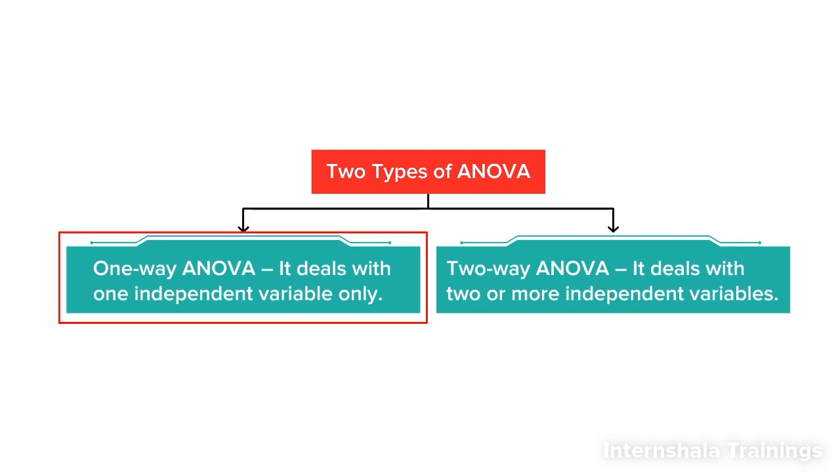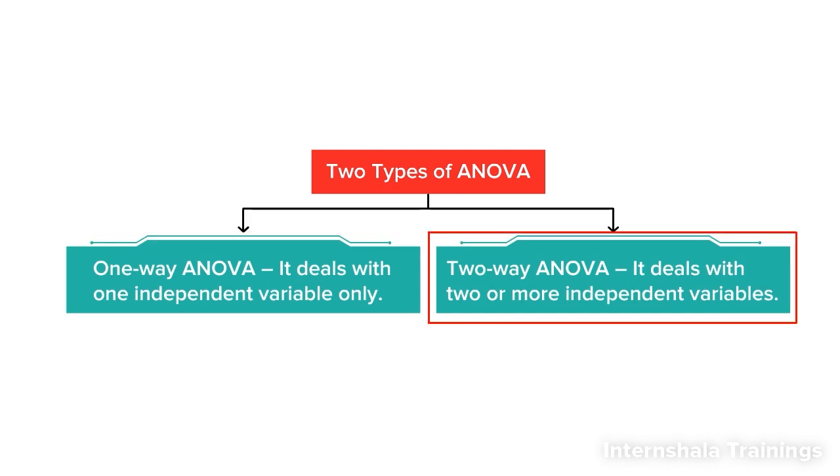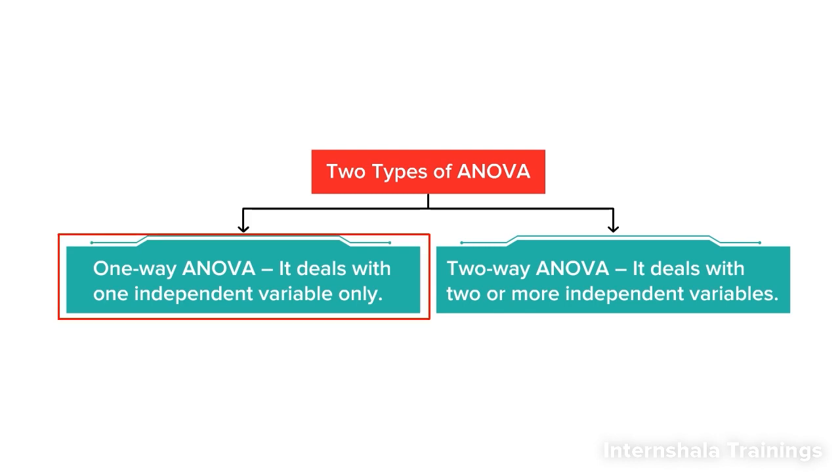When we deal with one independent variable, we do one-way Anova, and when we deal with more than one independent variable, we do two-way Anova. Here, since we are looking at the variance in means of target variable across different levels of one categorical variable, we would use one-way Anova. Now, if you want to know more about Anova, please go through the link given in the helper text.